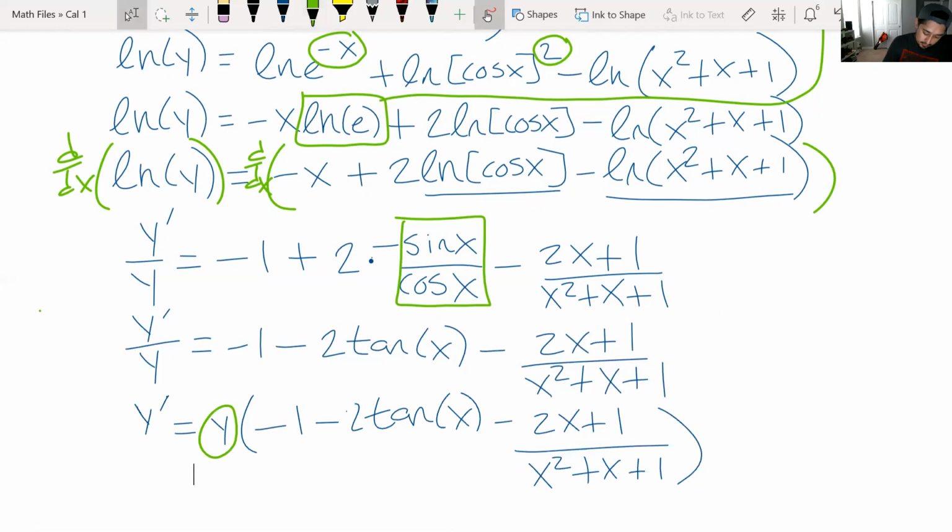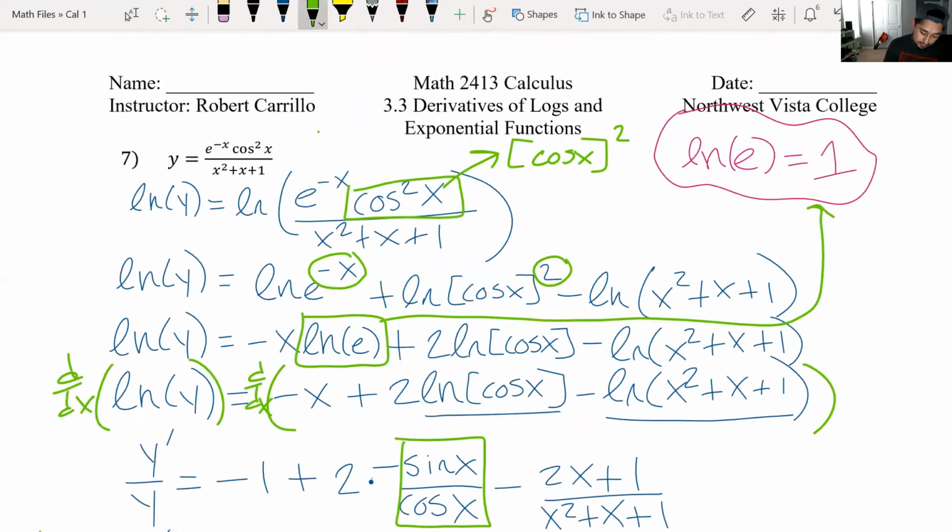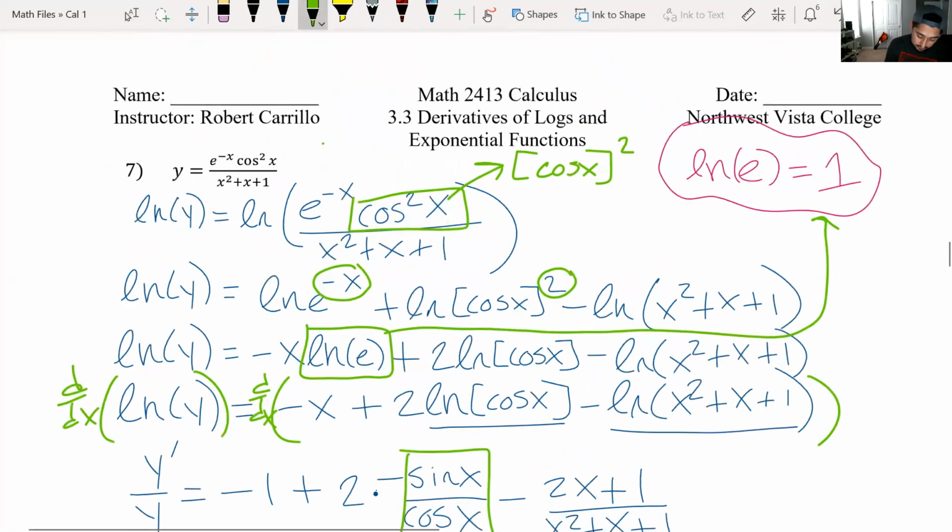This y is the same as that y. So let's plug it in. E to the -x cosine squared.